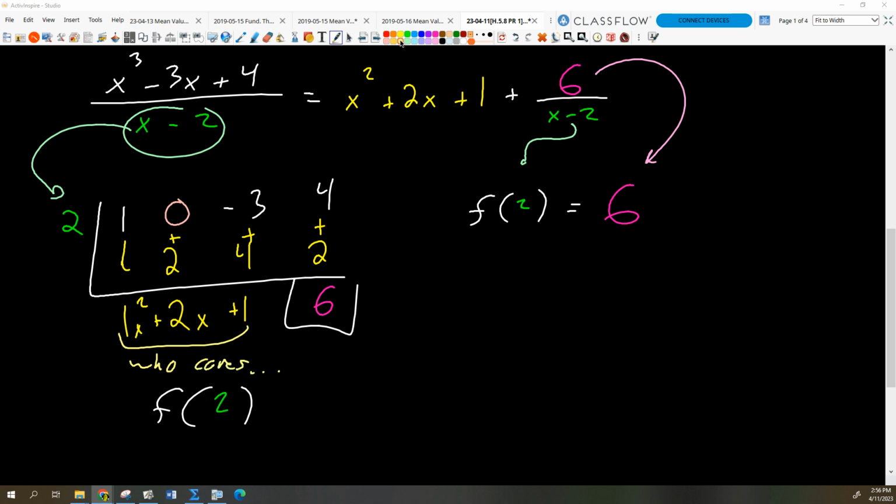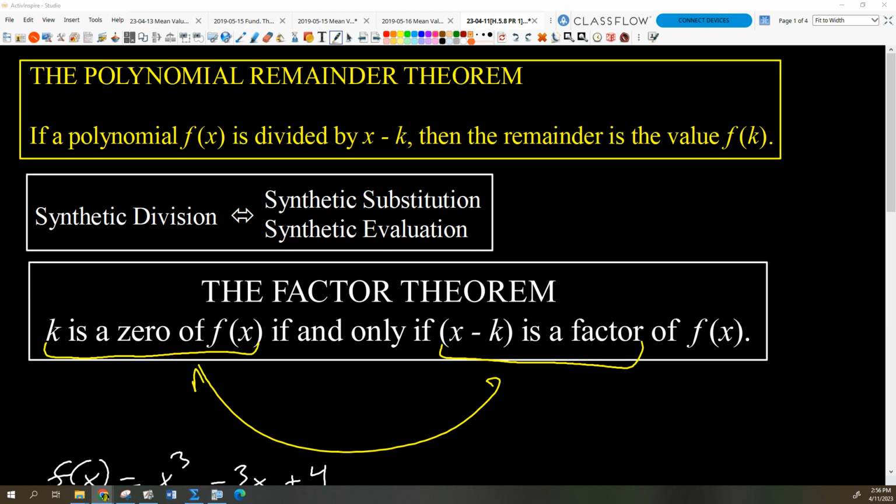All we care about is that it's equal to the value of the remainder, which is 6. See my point? We can take advantage of the remainder theorem and evaluate a function by doing synthetic division, plugging in the zero of x minus k, and the remainder tells us the value of the function at k.